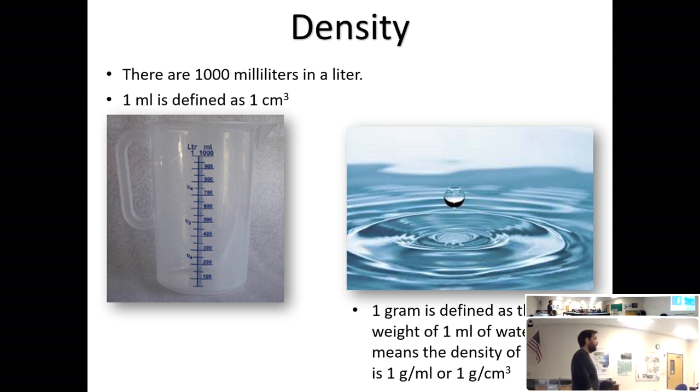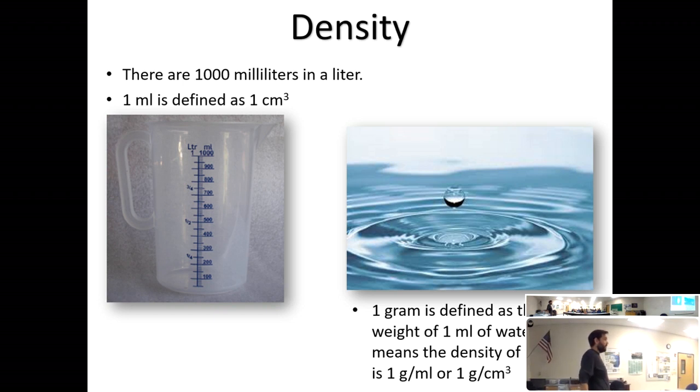All right, here's a question. It's not a trick question. Does ice sink in water? No, it floats. So what does that mean about the density of ice? Is the density of ice going to be greater than 1 or less than 1? Less.